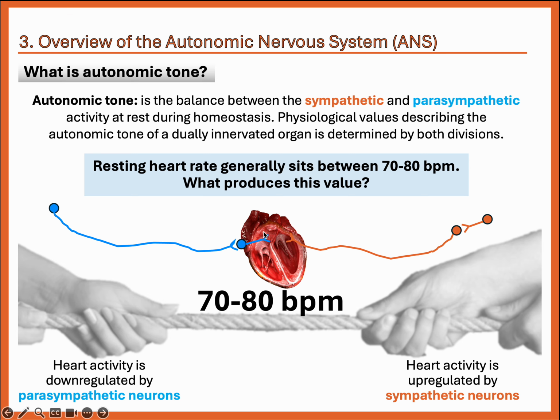The fact that at rest we have a certain value that our heart is at, right? And that's due to the two branches. I could also say the same thing for breathing rate, right? The breathing rate has an autonomic tone of, I don't know how many breaths per minute, right? Because the sympathetic and parasympathetic are fighting and they're telling your lungs to breathe at a certain rate. So that's what autonomic tone is.